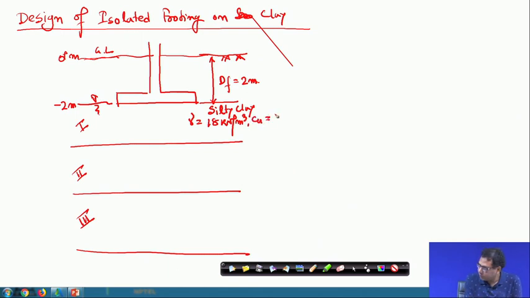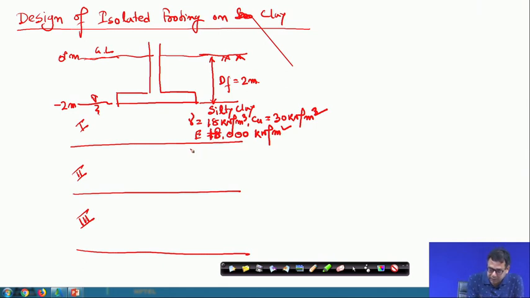The Cu value was 30 kilonewton per meter square, and the E value was 18,000 kilonewton per meter square.